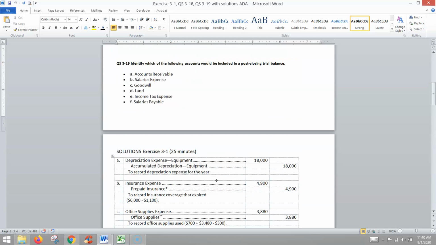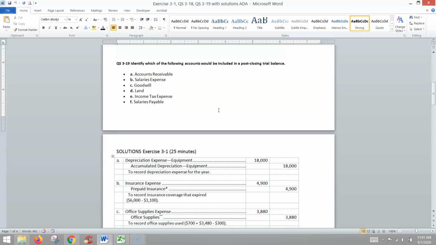And the last exercise we're going to look at is quick study 3-19. Identify which of the following accounts would be included in a post-closing trial balance. The accounts that are on a post-closing trial balance, those are the permanent accounts. They're going to include your assets, your liabilities, and your equity.